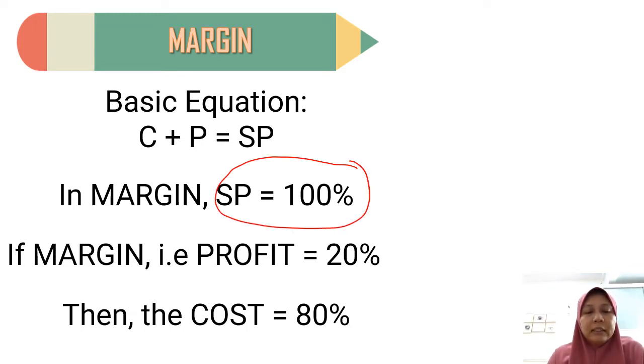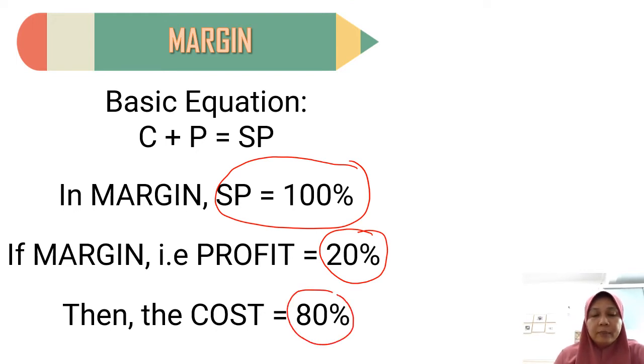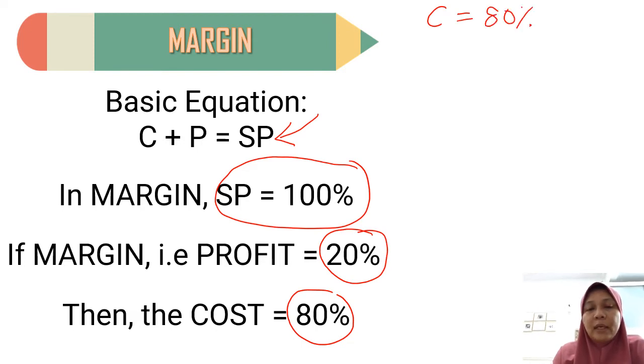If the profit is 20%, then it will give us a cost of 80%, because when C equals 80% and P equals 20%, since selling price is determined by C plus P, it will give us a selling price of 100%.